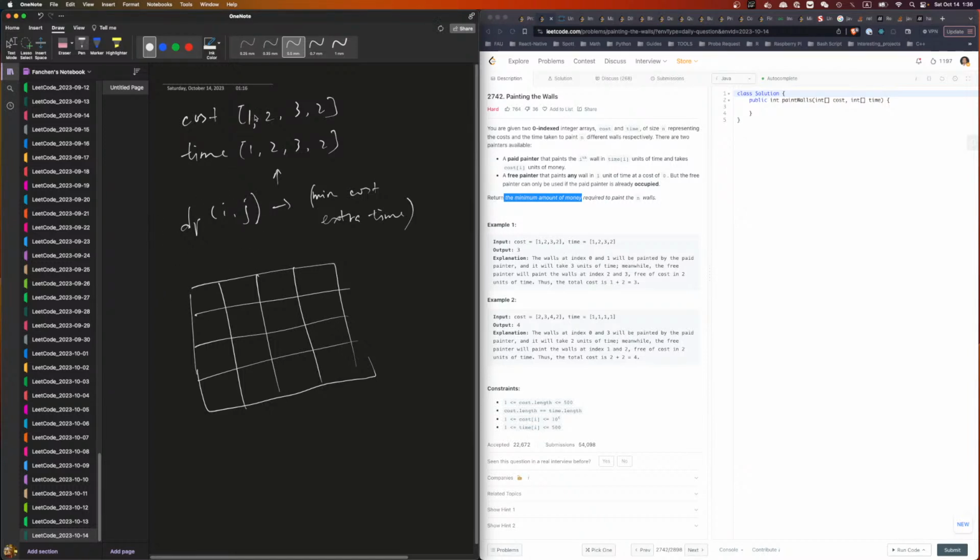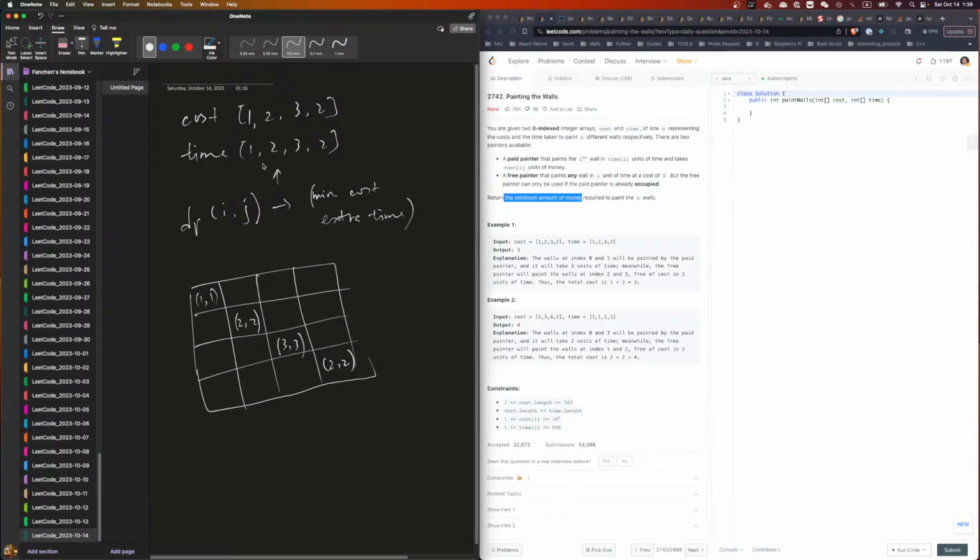So 0, 0. What's 0, 0? It's just from 0 to 0, so that minimum time is going to be 1, and extra time is going to take 1. 1, 1 is going to be 2 and 2. This is 3 and 3. And this is 2 and 2.